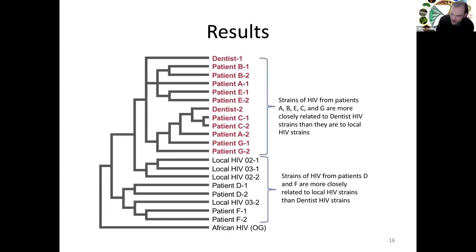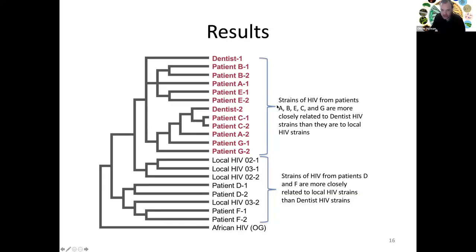So this is what they actually found. So here you can see dentist strain 1 and 2 and different patient strains. And then here you can see different local strains and patient strains, and then the outgroup of the African strain of HIV.